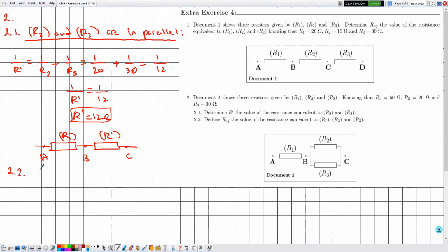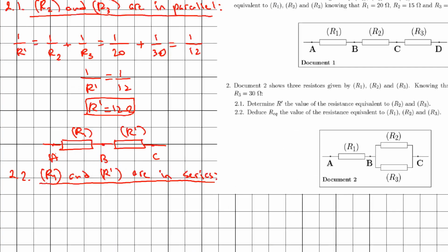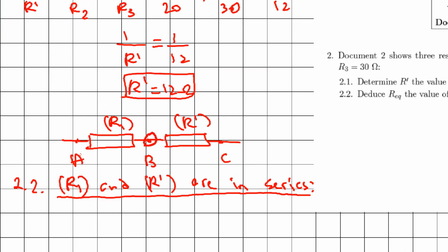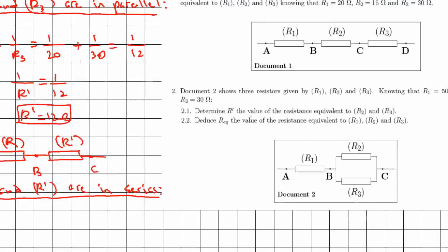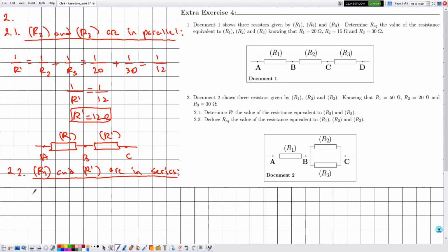So in this case, let me say that R1 and R prime are in series. So they are in series because they have one terminal common, which is the point B. Then its equivalent resistance, which is denoted by R equivalent, is equal to R1 plus R prime.